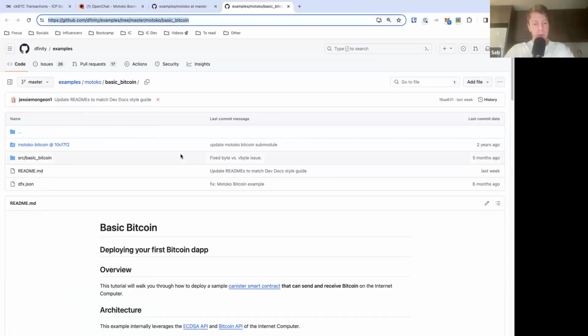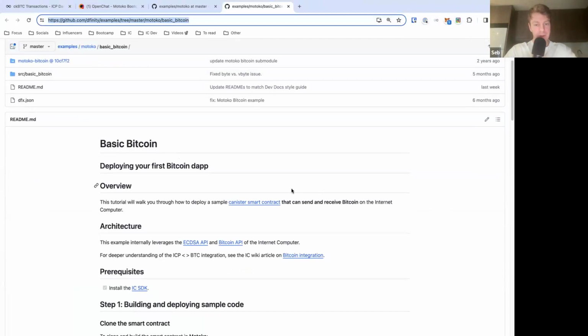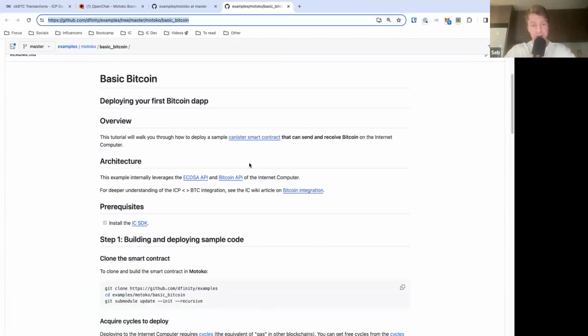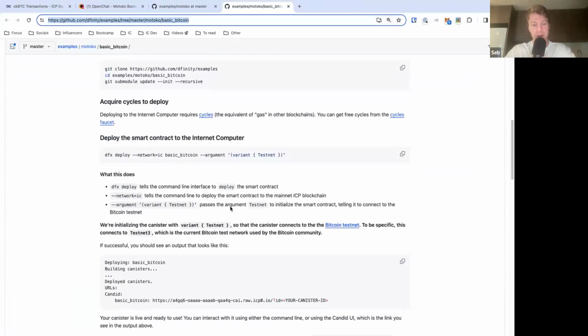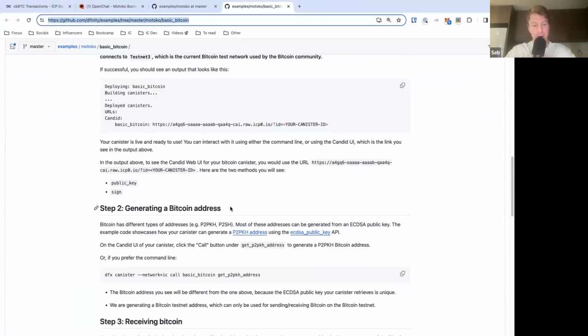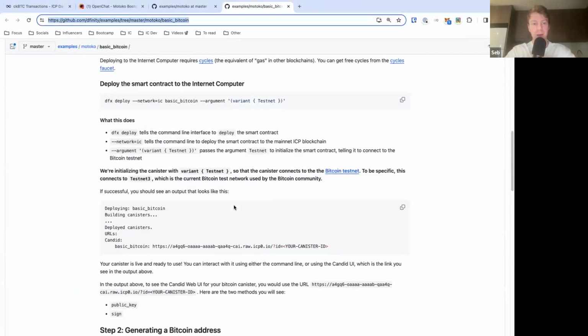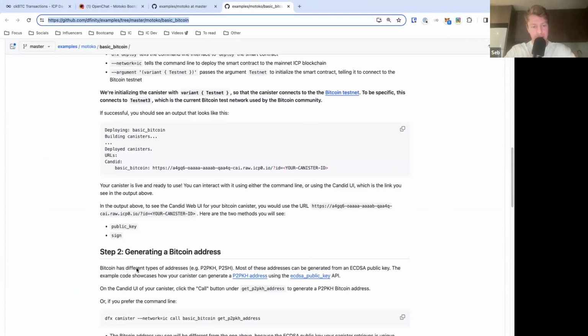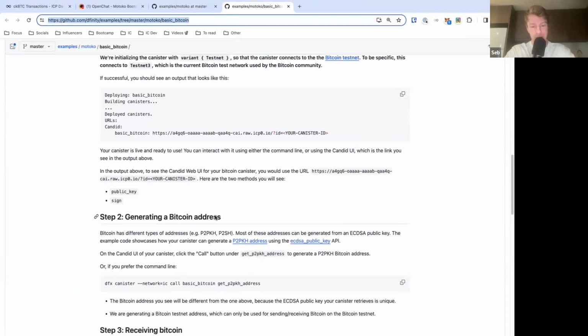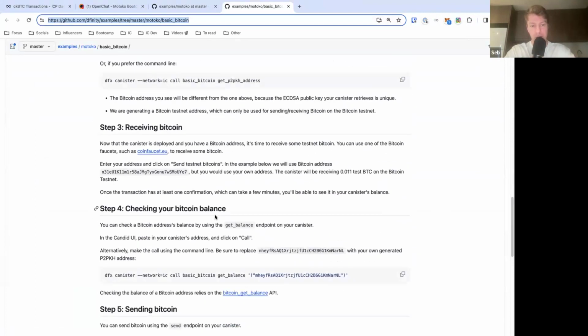Essentially, this is a simple Bitcoin application that is able to send and receive Bitcoin on the IC. So you have a canister that basically acts like a little wallet. The problem is that we would need to use the Bitcoin testnet because, of course, I don't want to pay for real Bitcoin, or I don't want to lose them. So that would be some problem there.